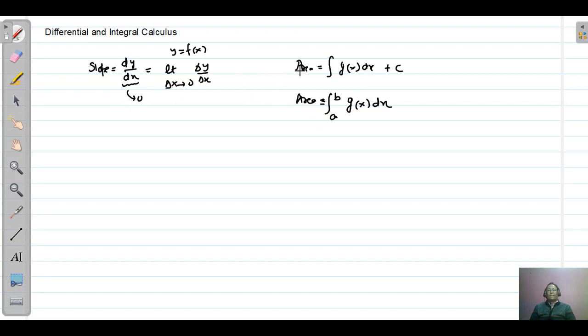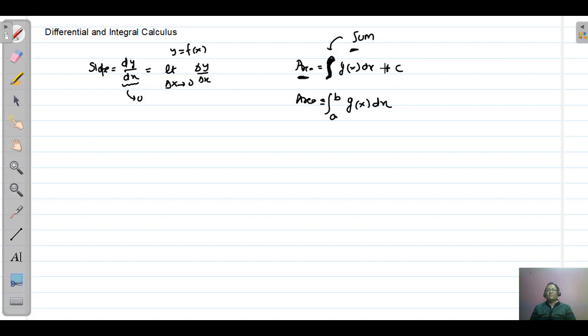Actually, this is the sum. We can say this is a large S. This symbol is the form of S, for sum. So the sum or integral is the sum of a function, that is, the area.